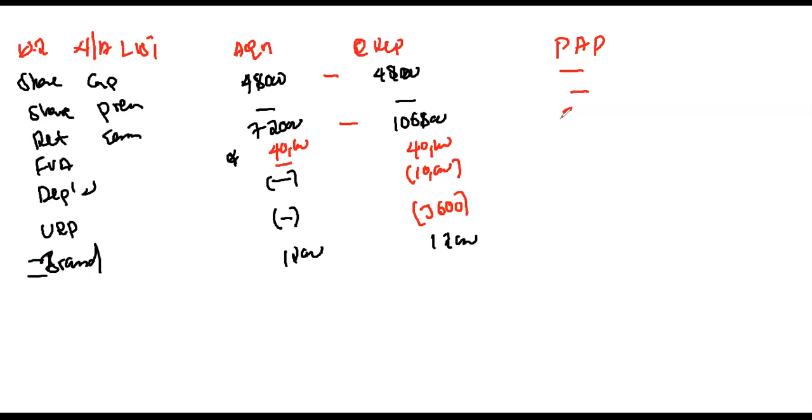Okay, so we have a figure here, 34,800. This figure minus this figure, we have integers. 0 minus -10 is 10.